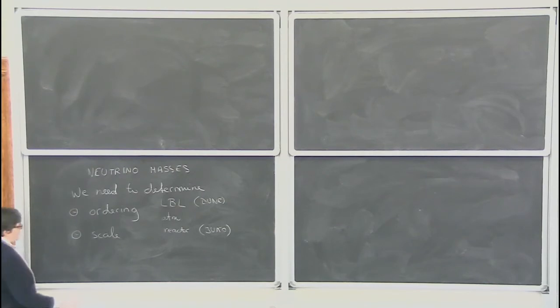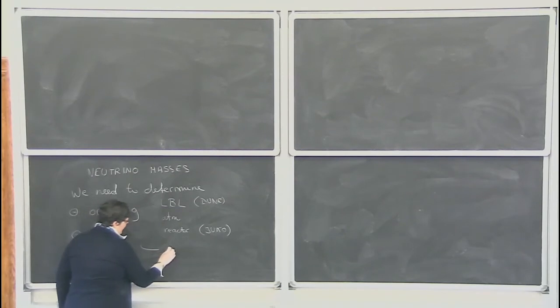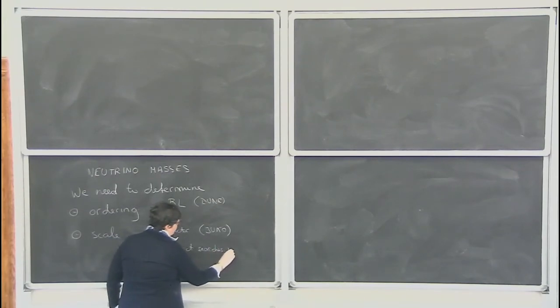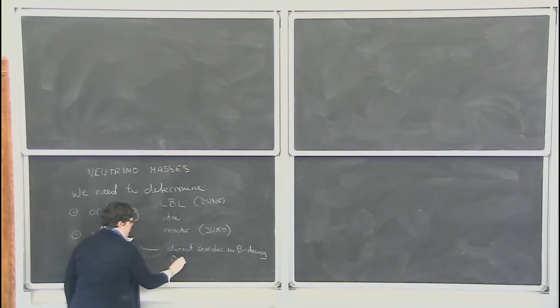In terms of the overall scale, then we have direct searches in beta decay. We said that neutrinoless double beta decay can give some information.